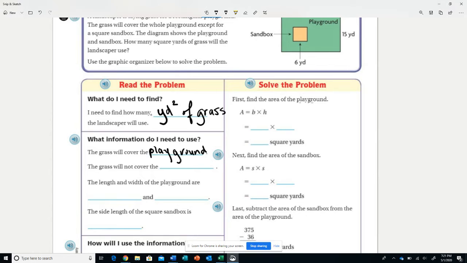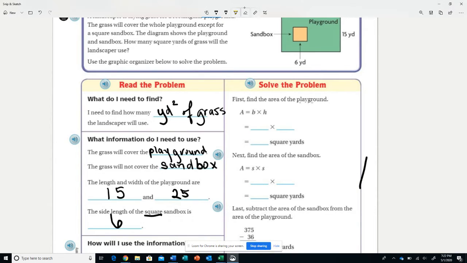The grass will not cover the sandbox. The length and width of the playground, this is very important, 15 and 25. The side length of the square, very important, sandbox is 6.